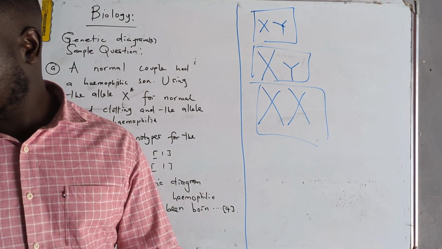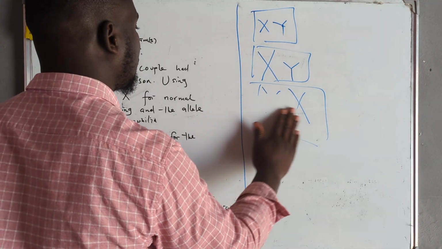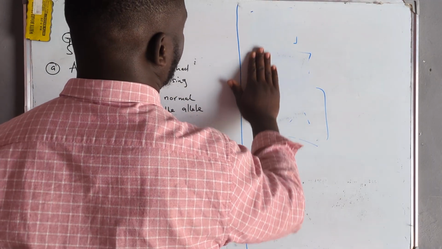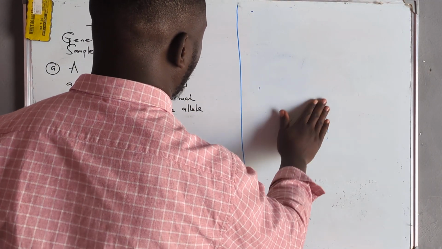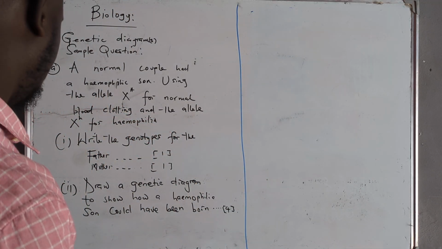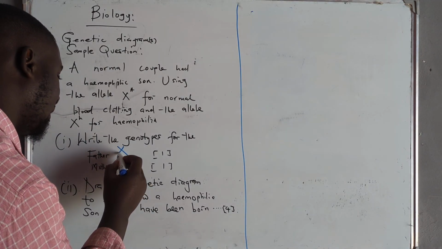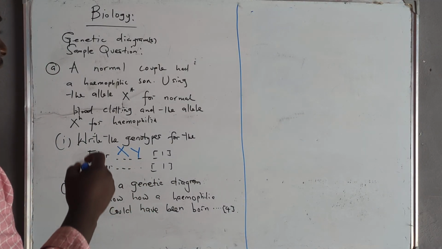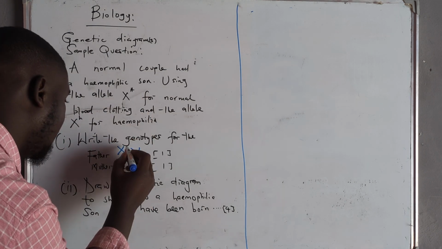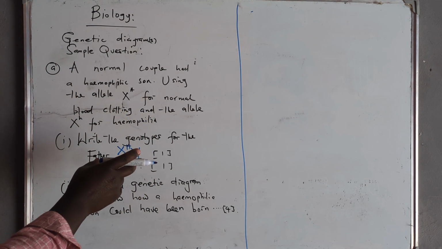Now, since the mother is normal and also the father is normal, the father here is X and Y. Since we are using the big H for normal, this is the genotype for the father.